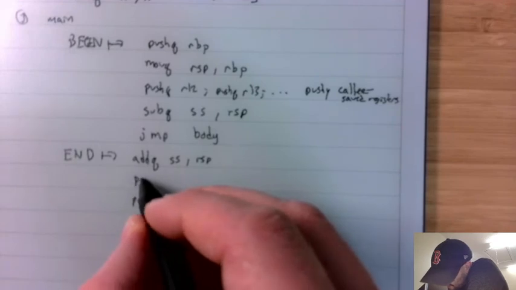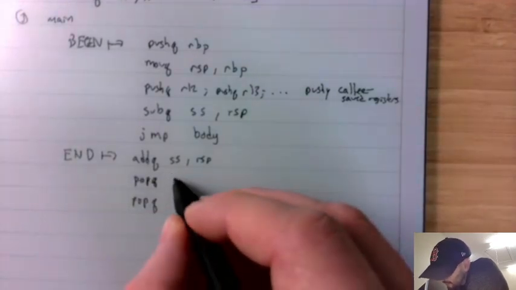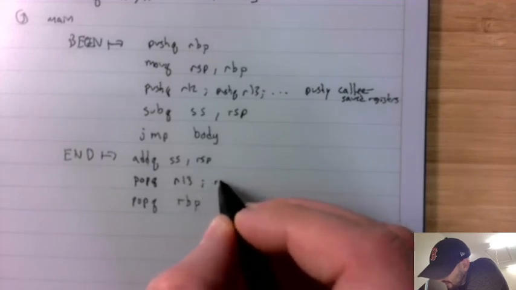And you can look inside of the assembly guide to remember which ones those are. And then down here, we're going to pop all those off. We're going to popq in the opposite order. So I'm going to write R13 and then R12. So now what we're going to do is popq all of the callee saved registers.